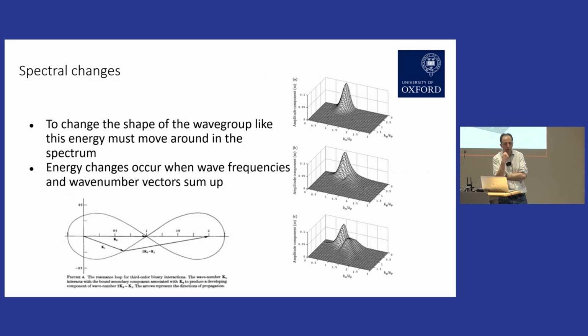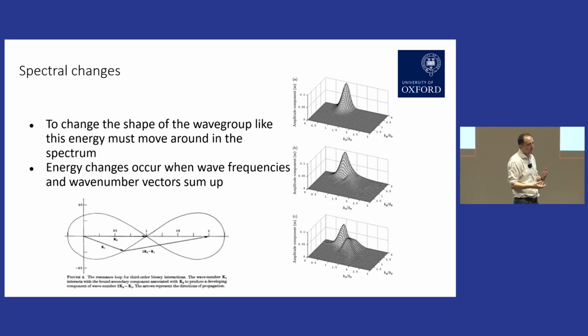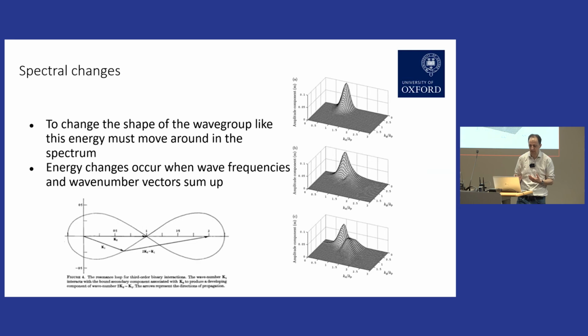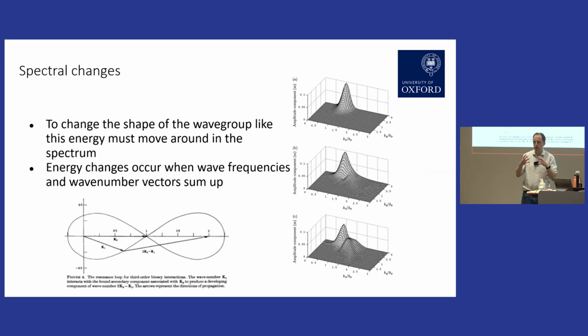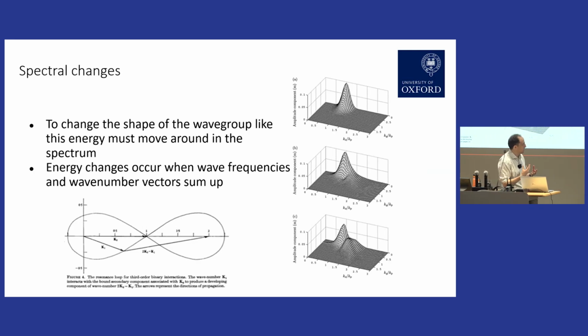So to get that change in shape, there must be a change in the underlying spectrum, and these are what I would term wave-wave interactions. So these are occurring when we talked about that third order calculation where some of those interaction terms were blowing up. Well, what actually happens is that means that you start to get transfers of energy between different components.